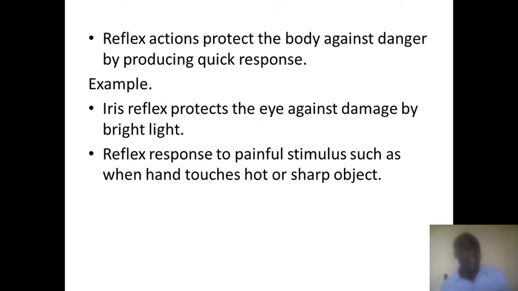We also have another response to pain stimulus. For example, when you touch a hot object, you immediately withdraw your hand away from the hot object. Or if you touch a sharp object, like a sharp pin, you immediately withdraw your hand so that the body cells don't get damaged more.